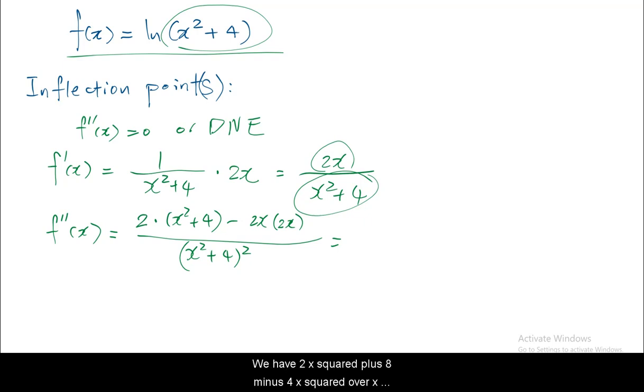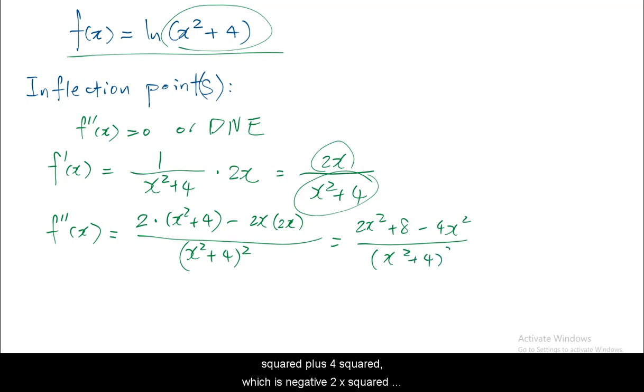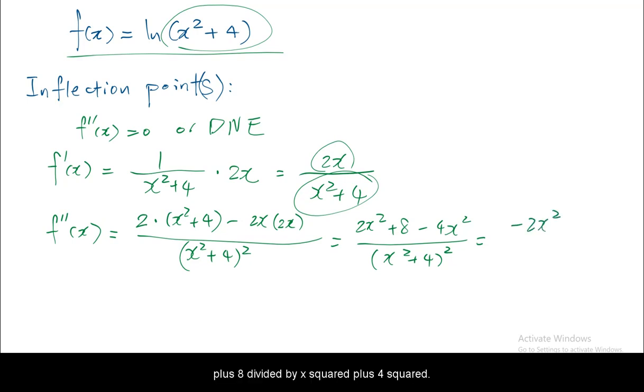We have 2x squared plus 8 minus 4x squared over x squared plus 4 squared, which is negative 2x squared plus 8 divided by x squared plus 4 squared.